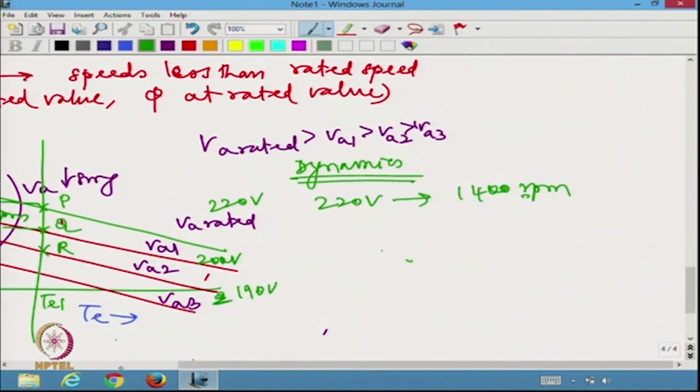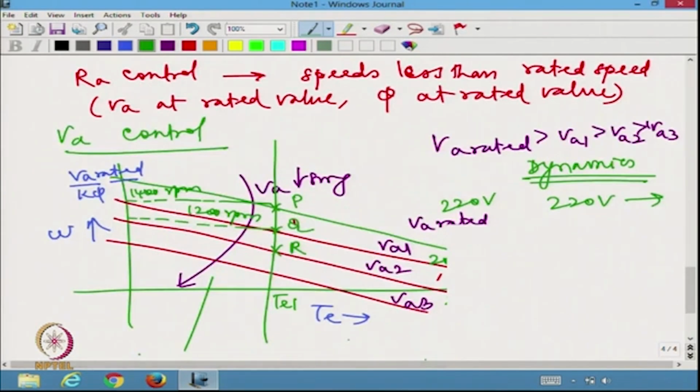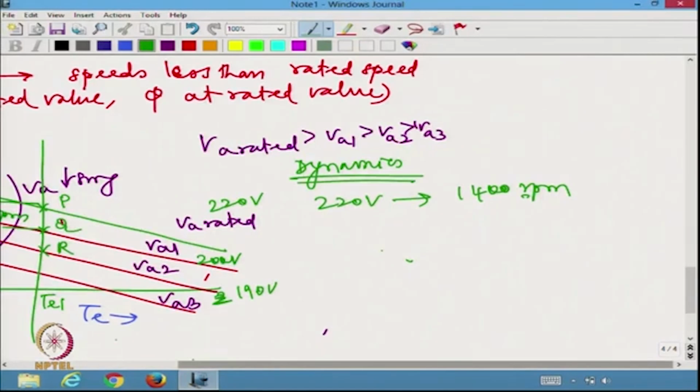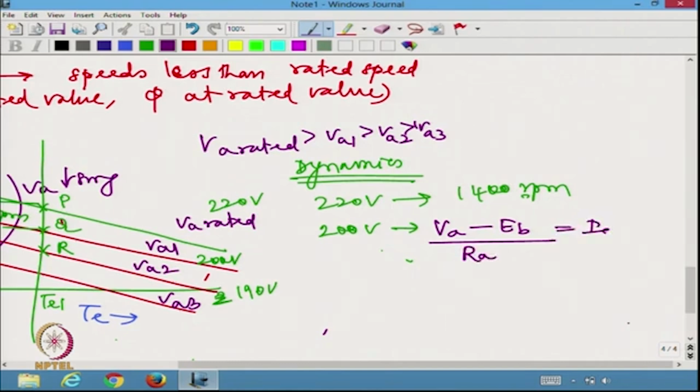So, we are going to have 1400 RPM when we were working at 220 volts. Now, I am reducing it to 200 volts. When I reduce the voltage to 200 volts, (VA minus EB) divided by RA is going to be the current.